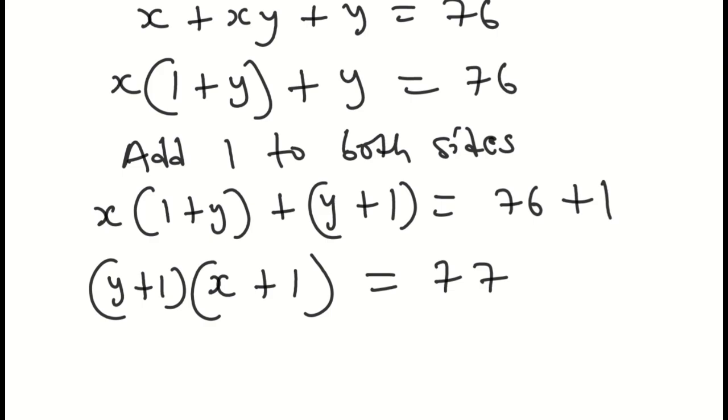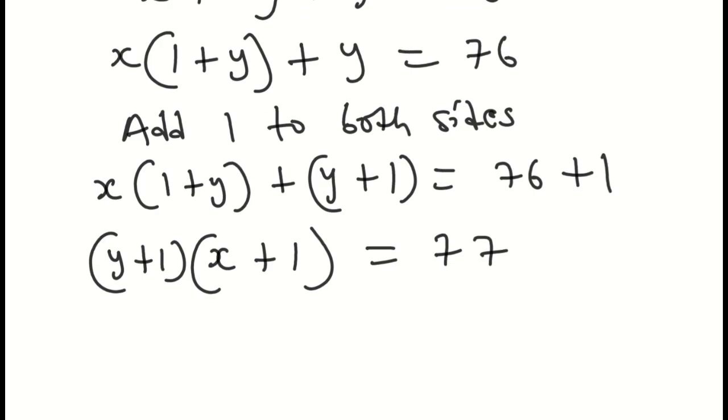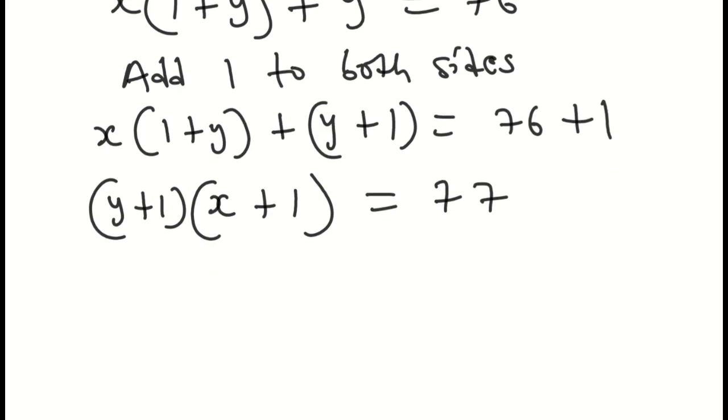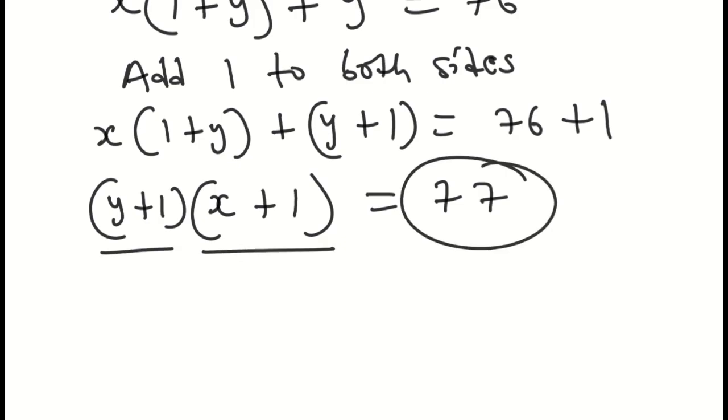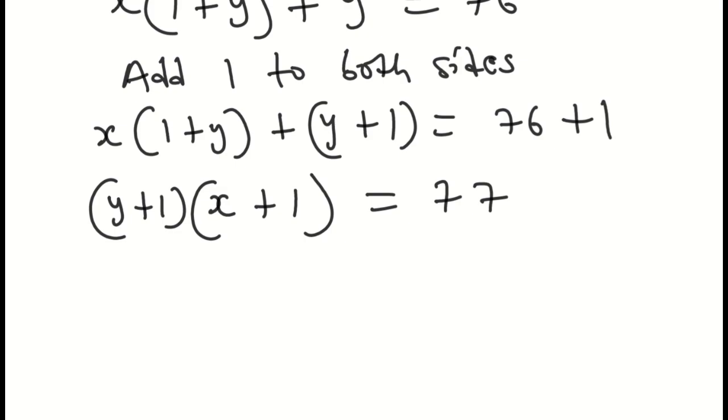Now, you will ask yourself, okay, if the product of y plus 1 and x plus 1 is equal to 77, but we also know that x and y are positive integers. So what that means is that x and y are equal to or greater than 1.